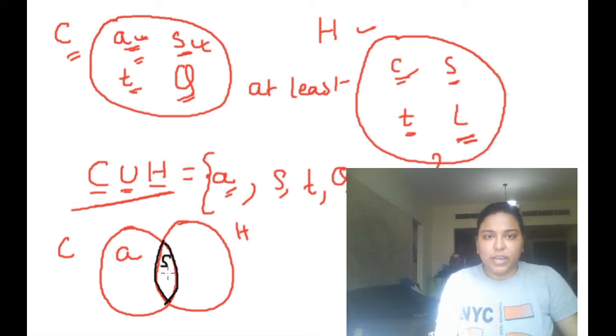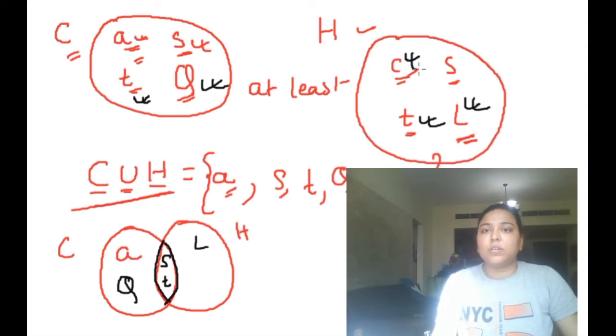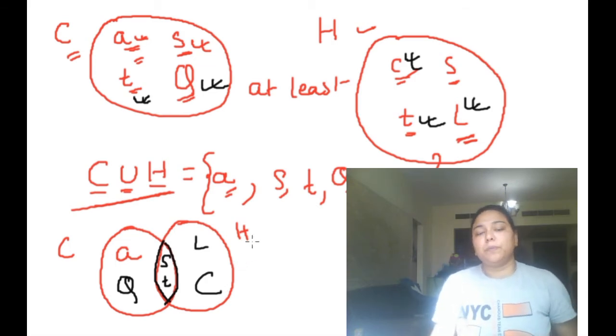We will write S here. T likes both, so we will write T here. Q likes only classical. L only likes hip hop. C only likes hip hop. In this way we represent a union set.